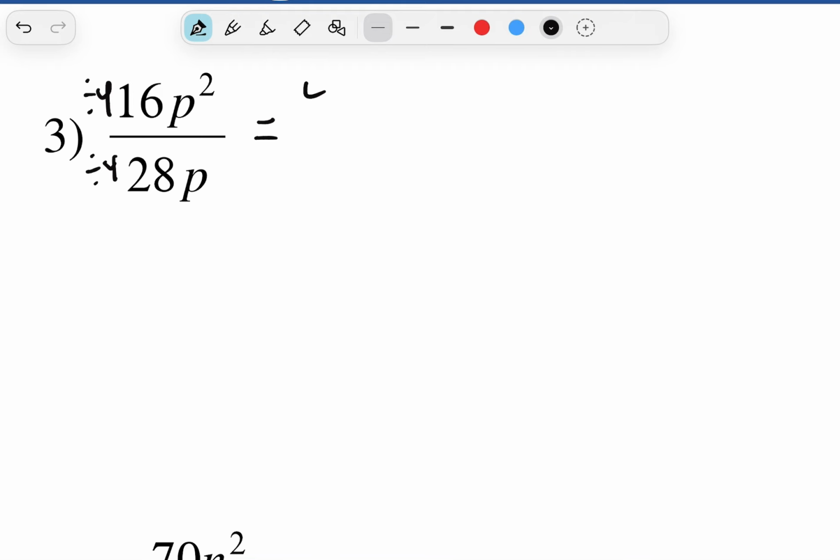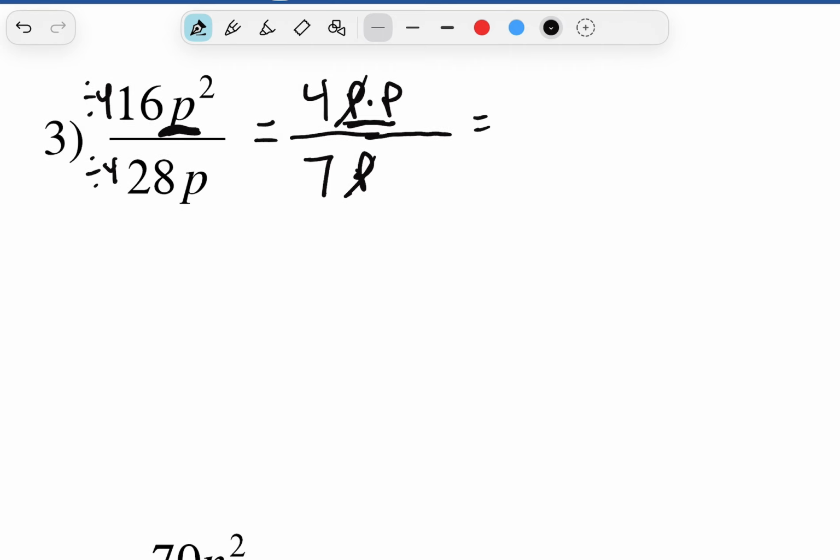Well, that would give us 4 on the top and 7 on the bottom. We know 7's a prime number, so 7 cannot be simplified any further. And now we have p times p over p, right? P squared is p times p. We can cross out 1p on the bottom with 1p on the top. So now we get 4 and 1p remaining on top over 7.